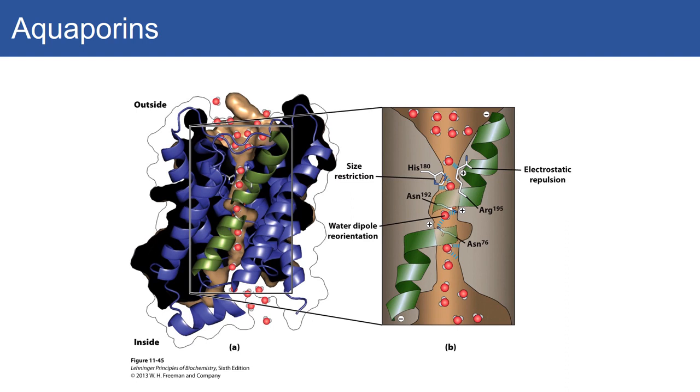That pore is narrowed down to 2.8 angstroms, which is the size of a water molecule, limiting the passage. Importantly, the charges on the arginine and histidine repel certain things, including the hydronium ion and other molecules. So anything smaller is prevented by the charge, while the water molecule can sneak through.